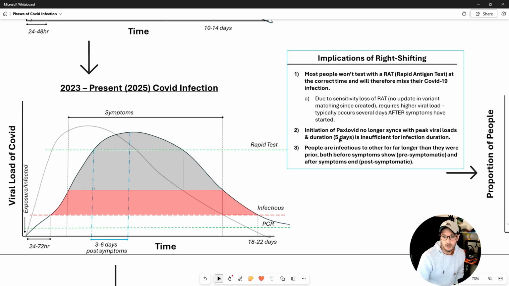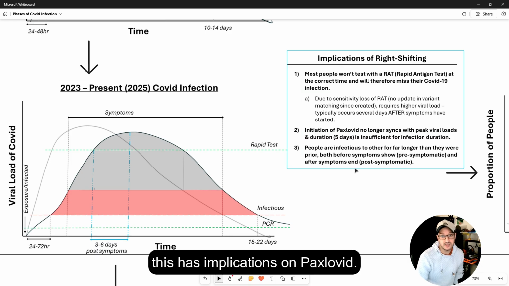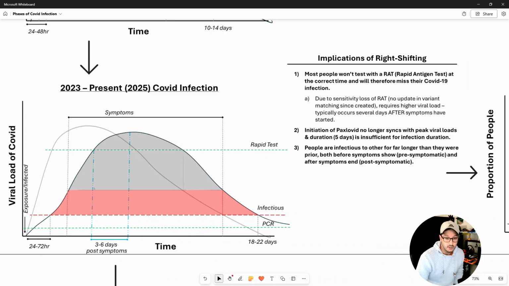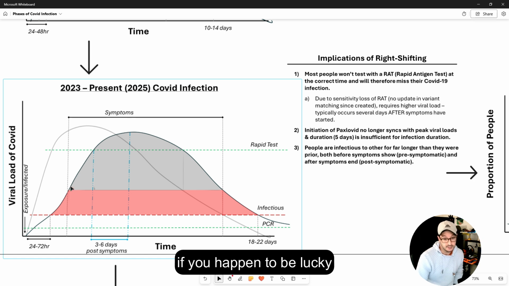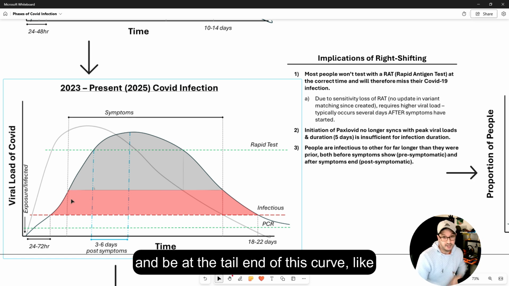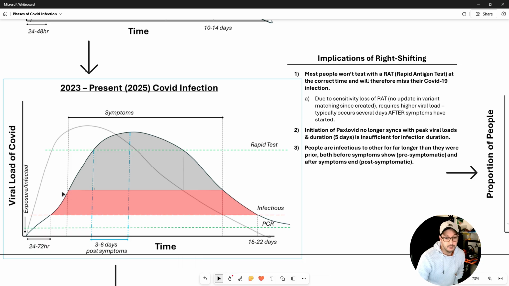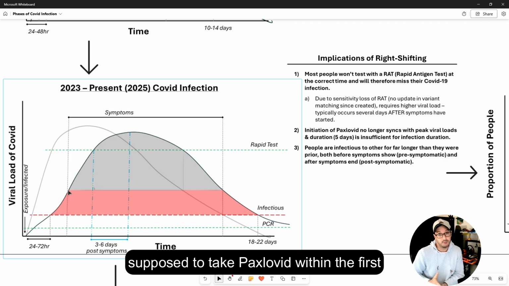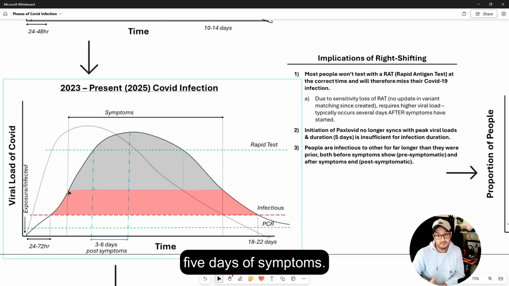And this has implications for Paxlovid. The initiation of Paxlovid no longer syncs with the peak viral load. Once those symptoms start, if you happen to be lucky and have a very high viral load on the left side of the curve right after symptoms started, you're supposed to take Paxlovid within the first 5 days of symptoms.